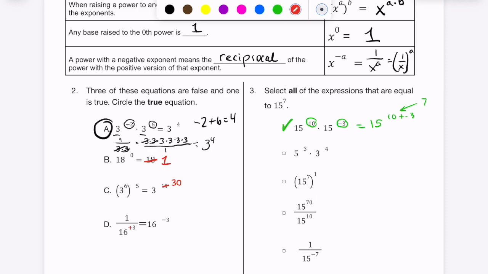The second one is not correct. 5 to the 3rd power times 3 to the 4th power. So we have different exponents and we have different bases.